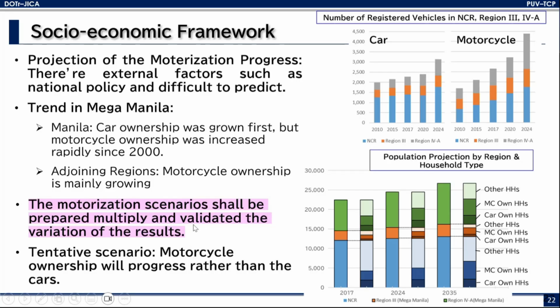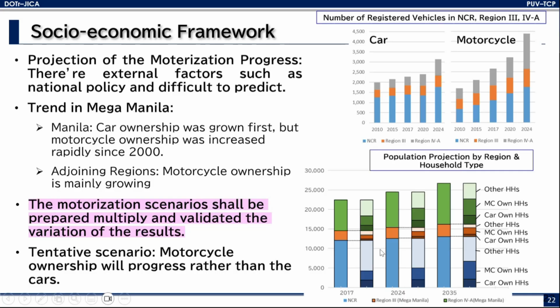For example, the government will restrict the motorcycle use, or for example, restrict the import of private cars, with a policy to promote EV electric vehicles.